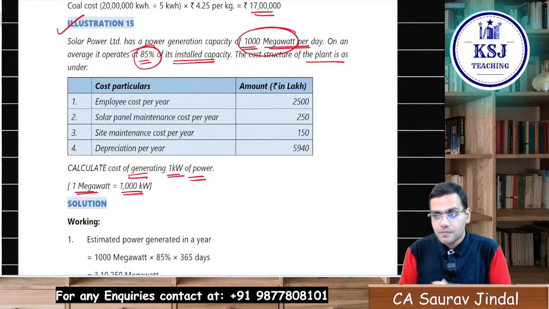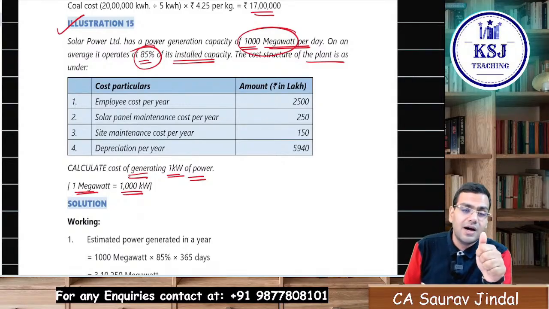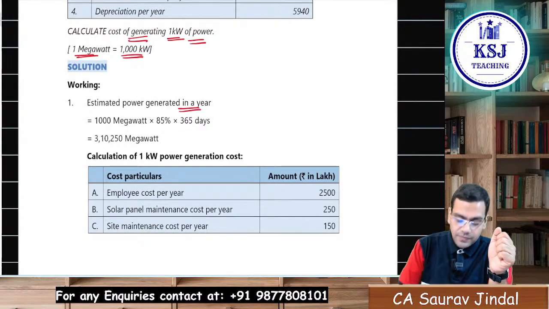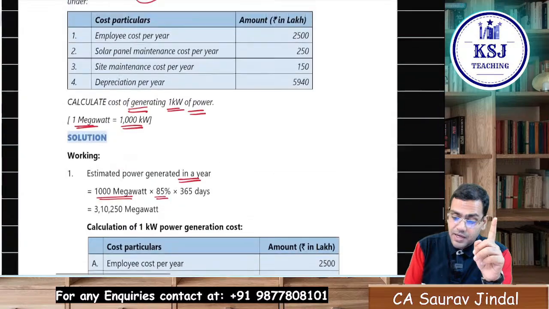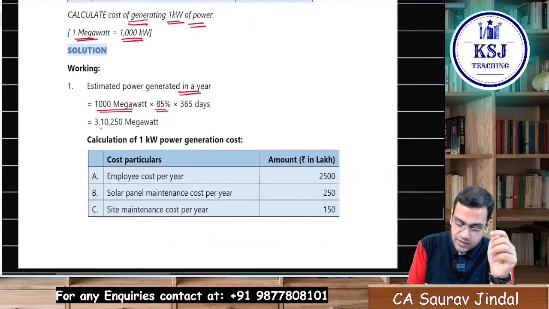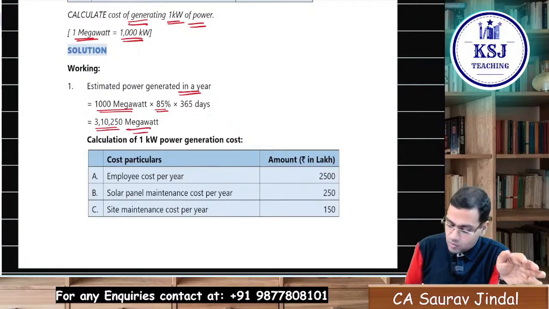Clear? So this is where you have to be very careful. The units, what is he asking about? Estimated power generated in a year per day 1000 megawatt operating at 85% capacity. It is per day, it is given sir, per day. So for 365 days 3,10,250 megawatt. We are not yet talking about the kilowatt, right?